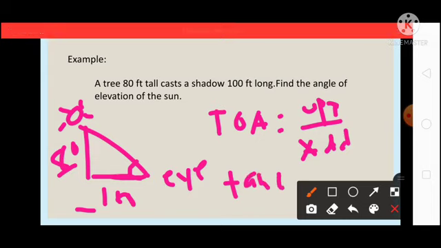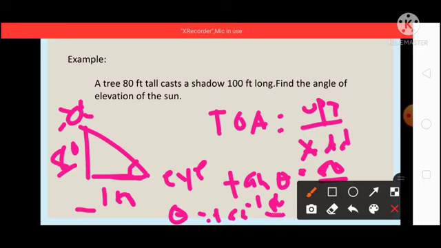So tan theta is equal to opposite, which is 80, over 100. This will be theta equals inverse tan of 80 over 100.